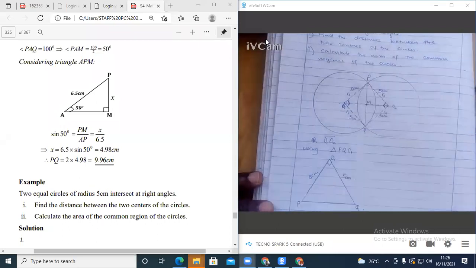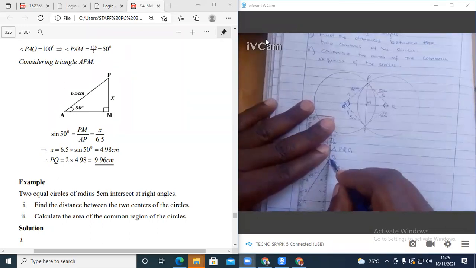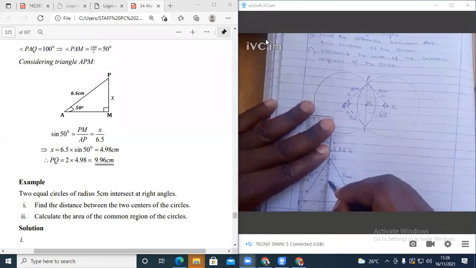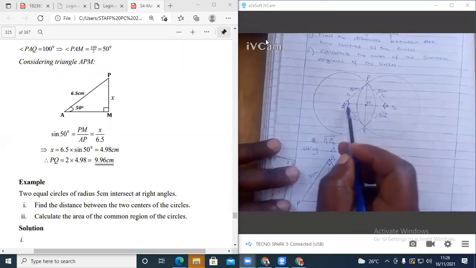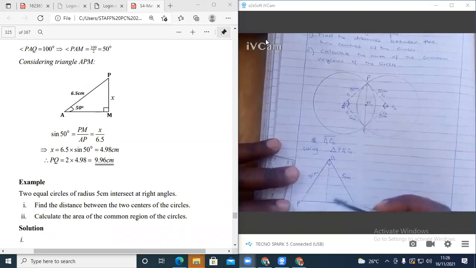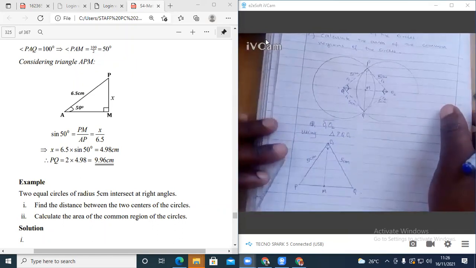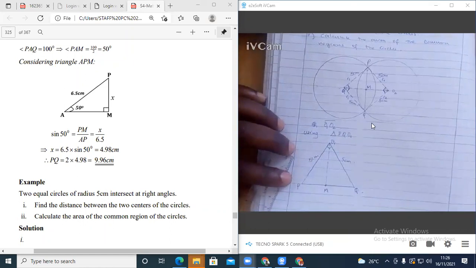Now, the distance I want is this one here, O1M. So I'm drawing this line from O1 to M. Are we together? Yes.